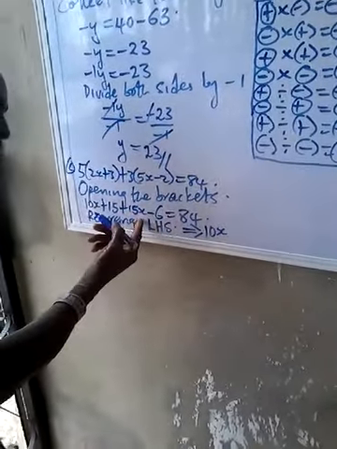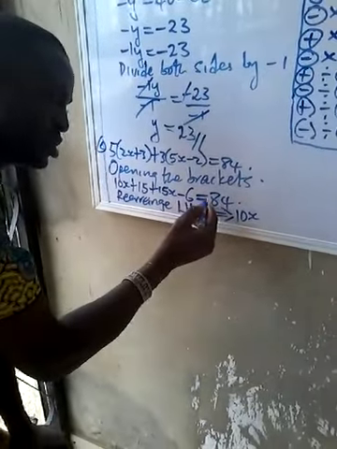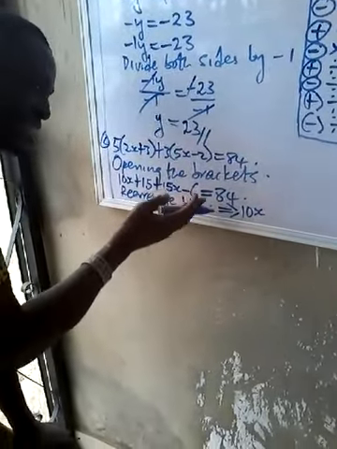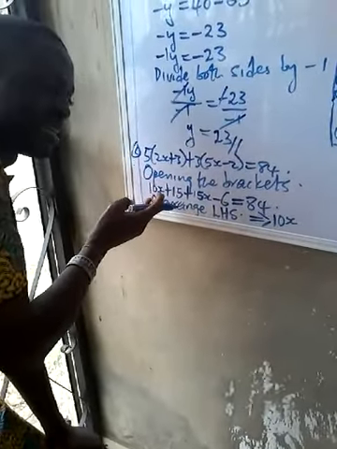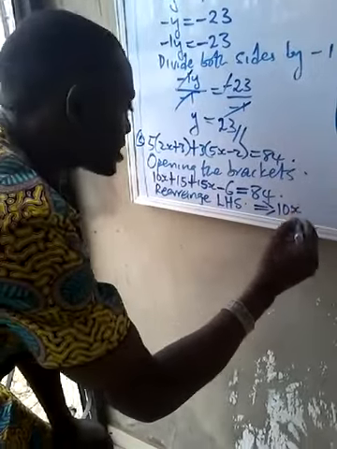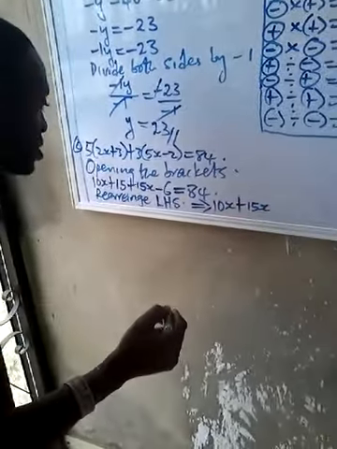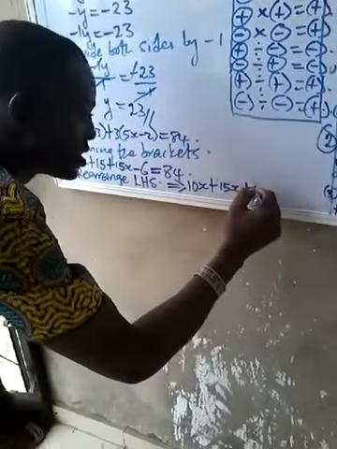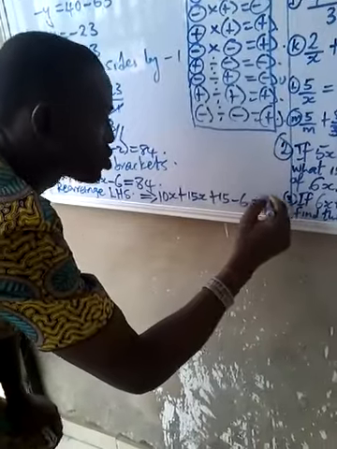Bring the terms in x closer to themselves. Remember, they have not jumped any bridge, so the sign will not change. Everything is still within the left hand side. You have not jumped. Now 10x plus 15x plus 15 minus 6 is equal to 84.